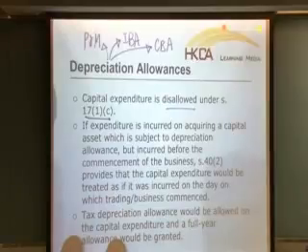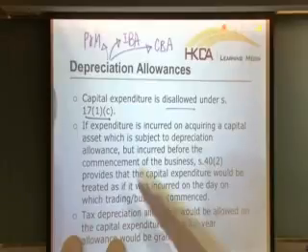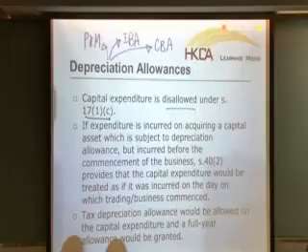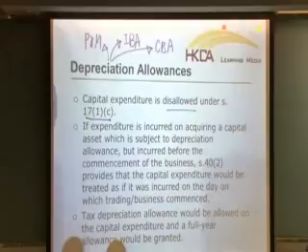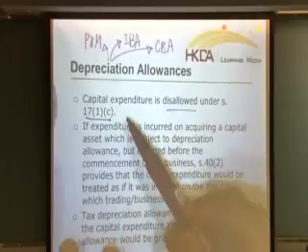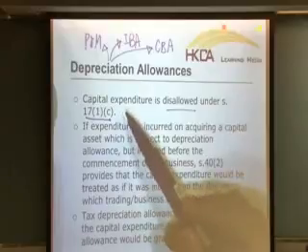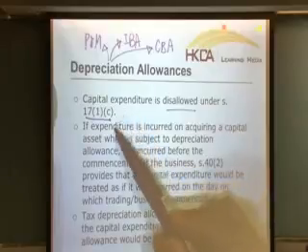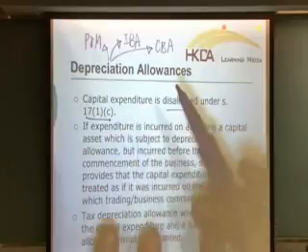If they ask you directly about depreciation allowance, you don't have to mention this is capital expenditure, therefore disallowed. On the other hand, if they ask you about the deduction of certain money, then you need to, if applicable, mention that money expenditure is capital nature and therefore disallowed it. All right, that is one point.